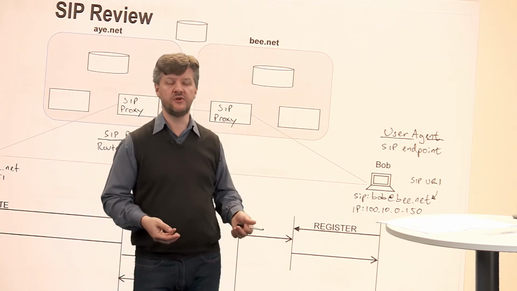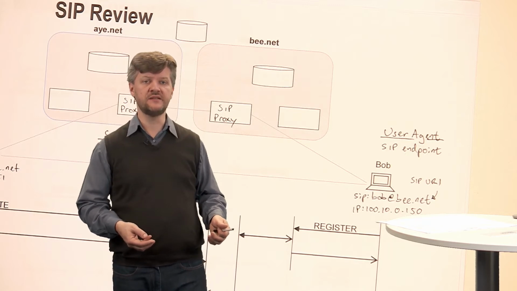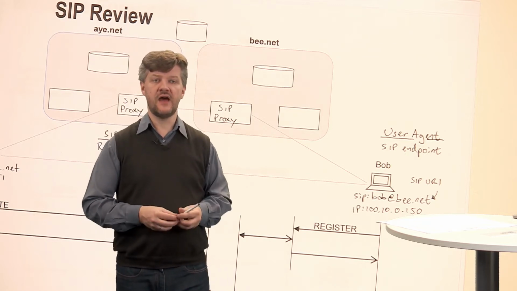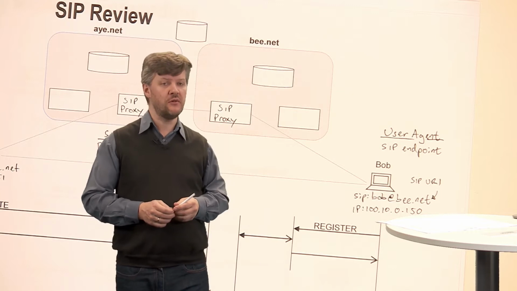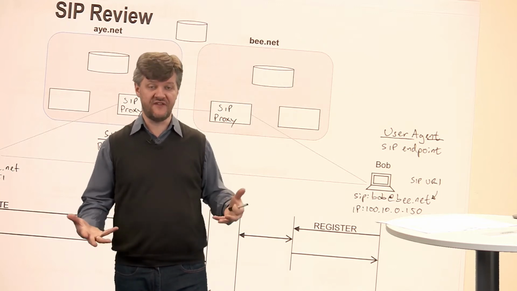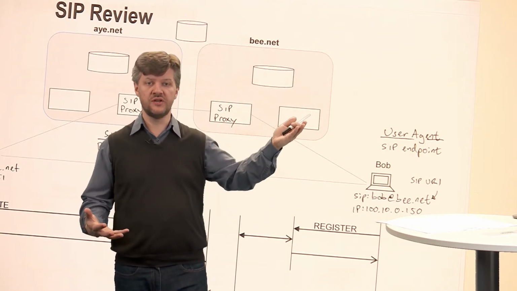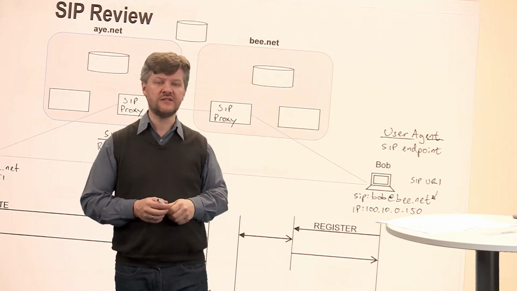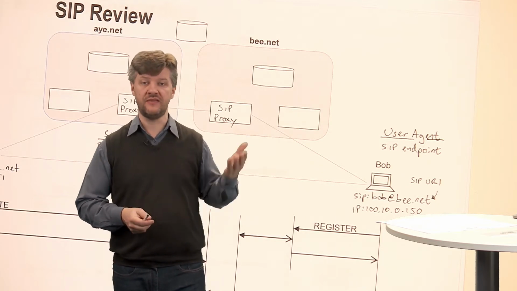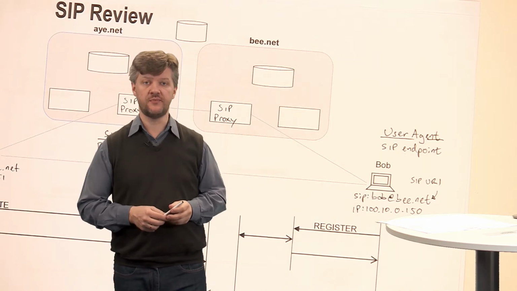So I'm going to put registrar in here, but it's good for you to note that a registrar, you will almost never see it as a separate physical thing. It will have a box right up here, but it's almost always built into a thing that is also a SIP proxy.